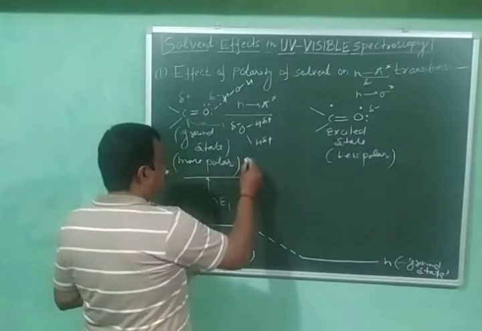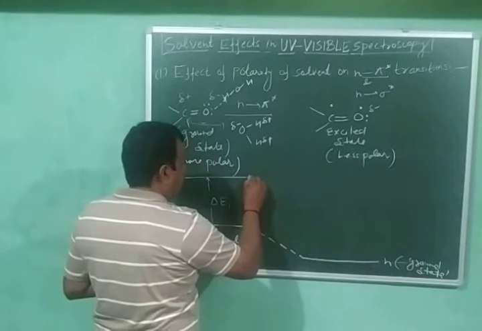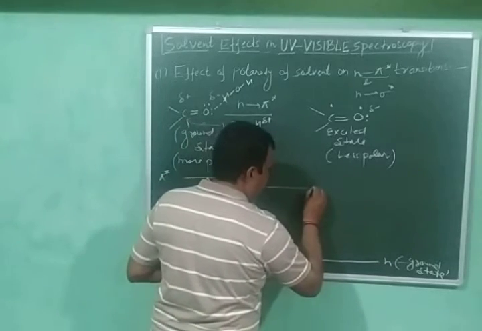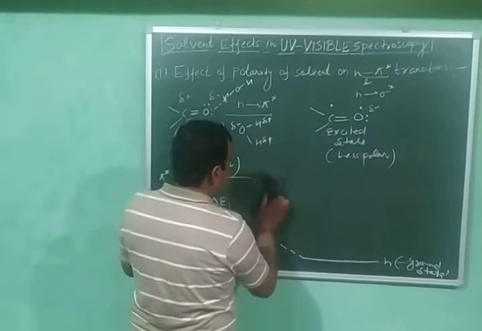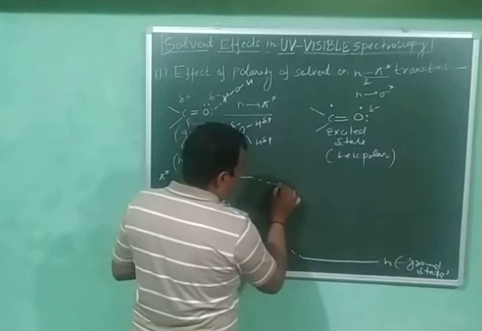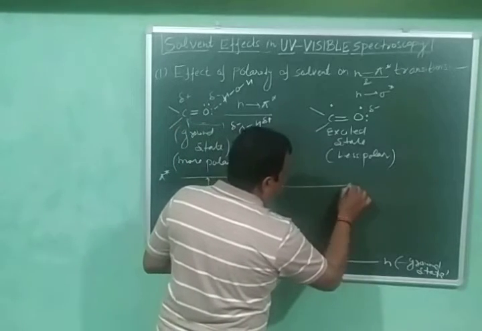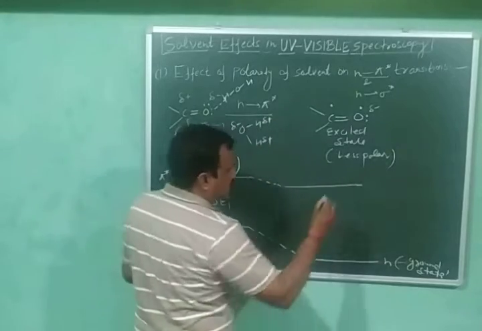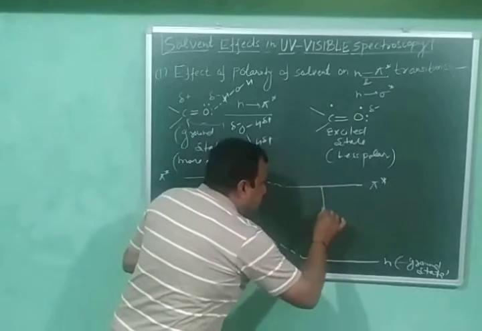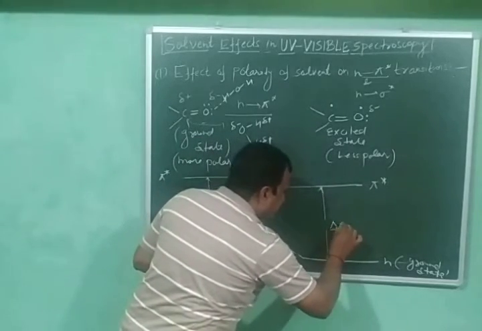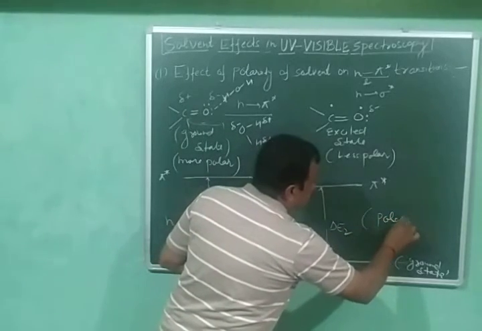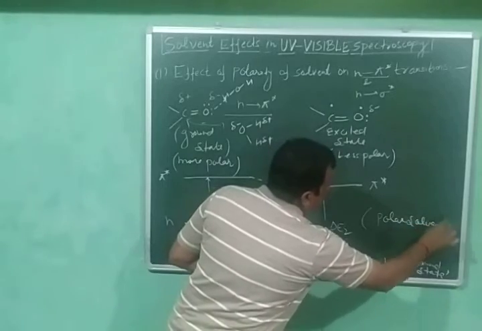So this is now n and this is our ground state. The energy of the excited state will not fall by a significant amount, because the excited state is less polar, so the interactions will be less. So this is our pi star. And now this energy difference is delta E2, the energy difference when we have polar solvent.